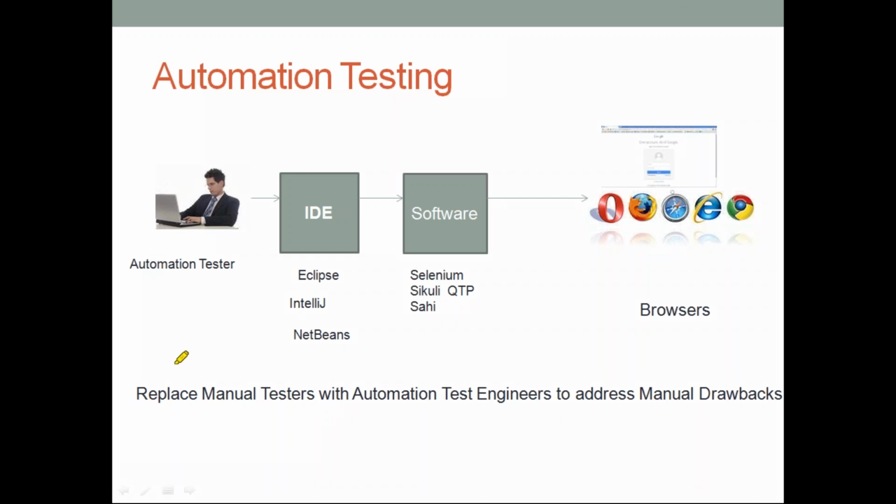So here what is happening is the automation test engineer will develop some set of lines of code inside the IDE, right? So he may write multiple lines of code in the IDE. For each and every line of code this guy is writing, there will be predefined code available in the software.